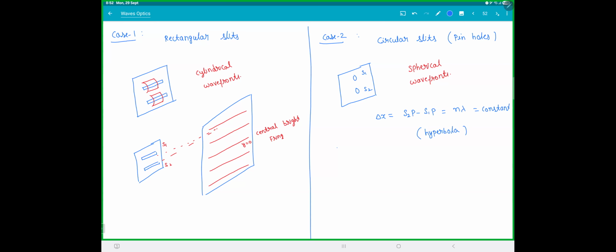So if you make pinholes and do this YDSE experiment, the central fringe will be a straight line because that will be 0, but the other fringes will become hyperbolic. Clear with this? The central will be a straight line though.